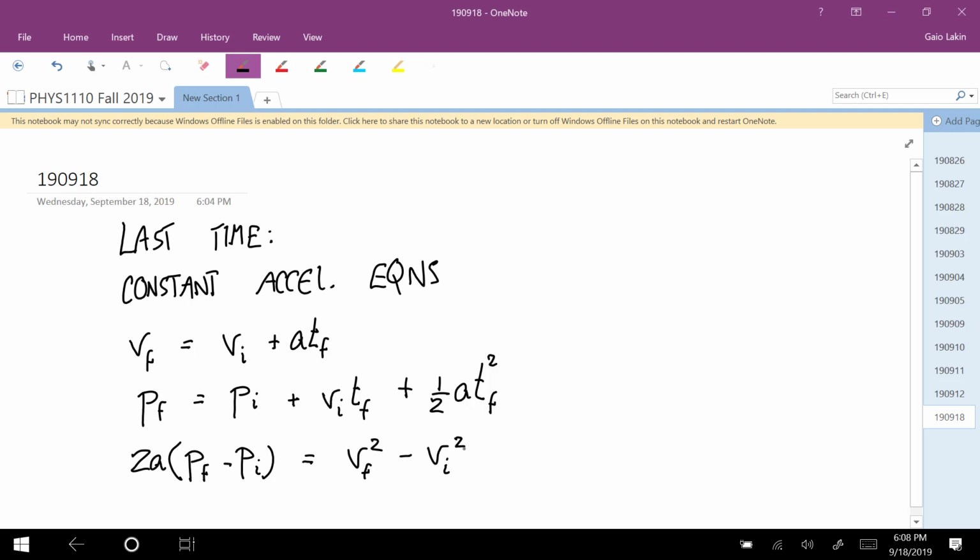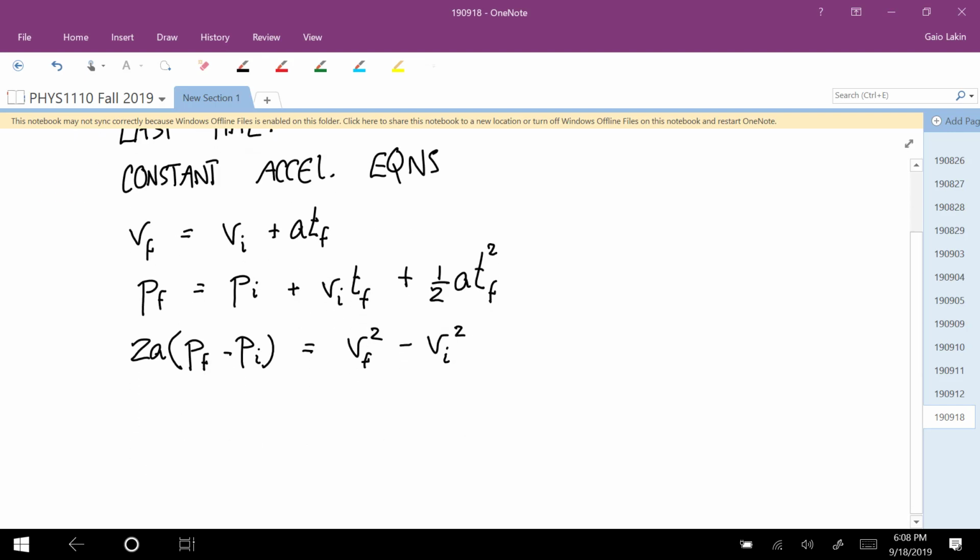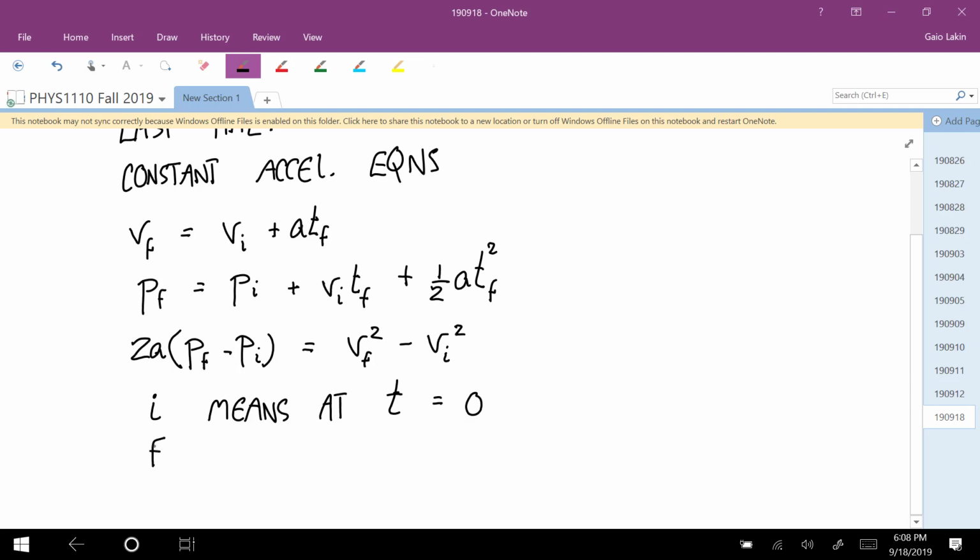And the meaning of these things is, you can think of it as initial means at time equals 0, and final means at time final.